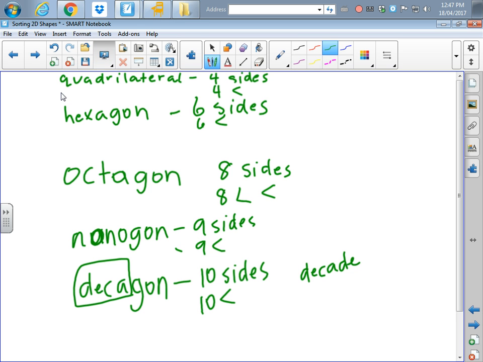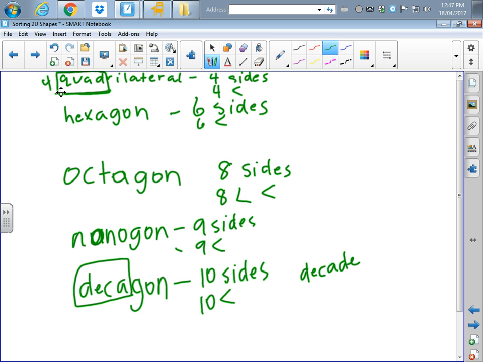Quad is a short word for 4. Thank you. Anything else? So we've got a 4, a 6, 8, 9, and 10-sided shape.